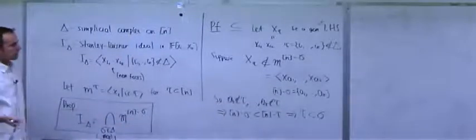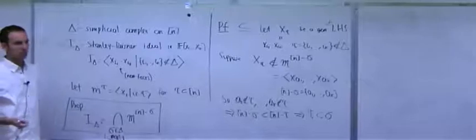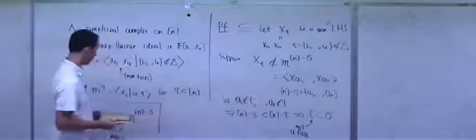But then if you look at this, this is a contradiction. Why is this a contradiction? Because I said that tau was not a face. Not a face. But sigma, by definition, is a face of delta.